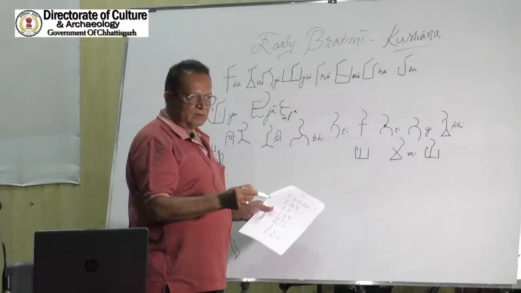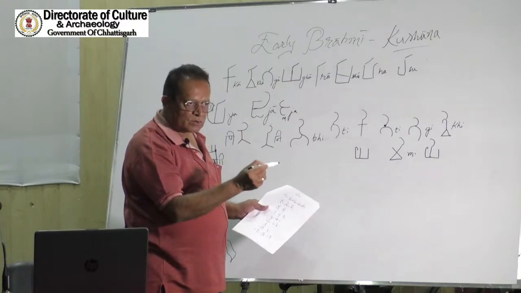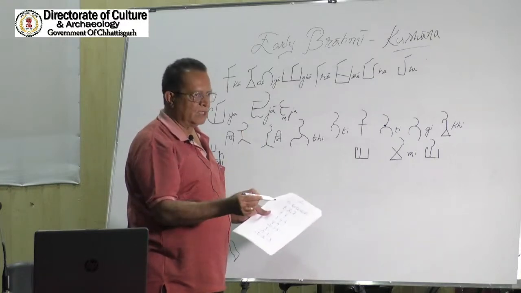The left side of the limb below, the curve goes a little inside, but without that it is घा.